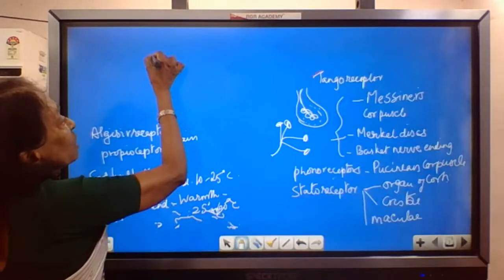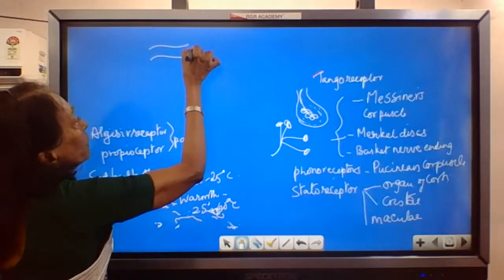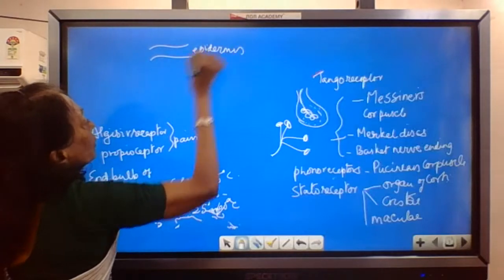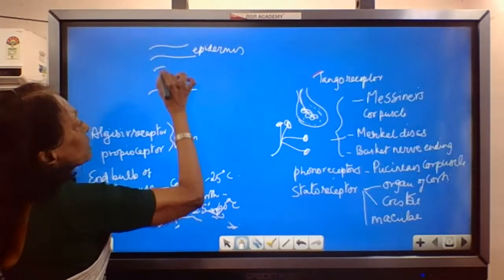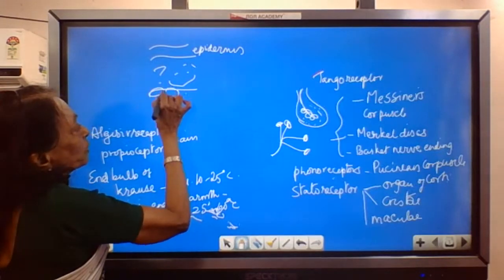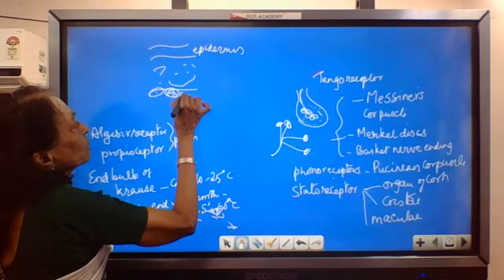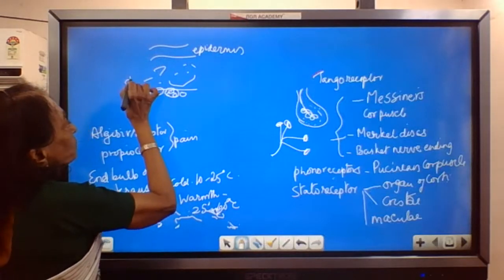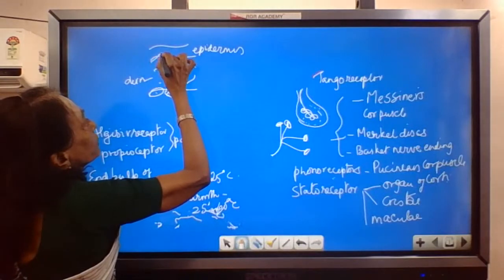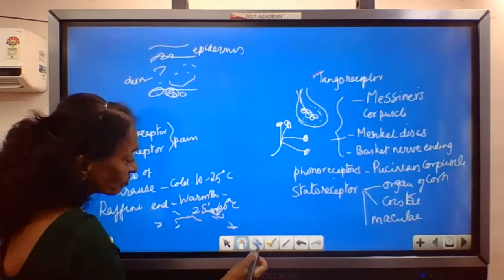Now, the skin has two parts. The upper part is the epidermis of the skin, and the lower part is called the dermis. This is completely a connective tissue, with blood vessels and fat deposition, subcutaneous fat. These are fat lobules. Now, this is dermis. The innermost layer of the epidermis will be folded.